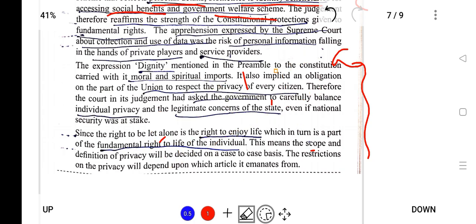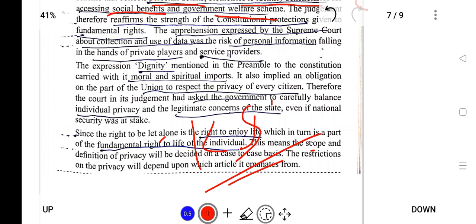So you can cite the example of this and also cite the example of the Puttaswamy case, where the petitioners fought against the Union of India, saying that the collection of personal information is a direct infringement on a person's privacy.